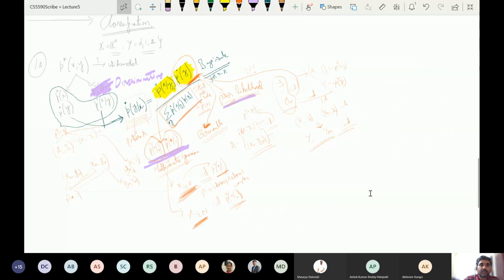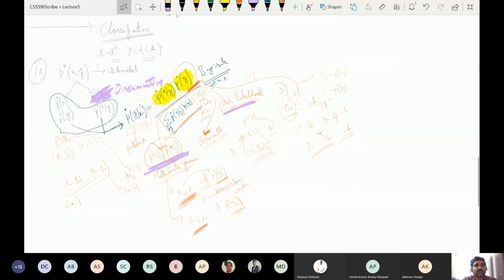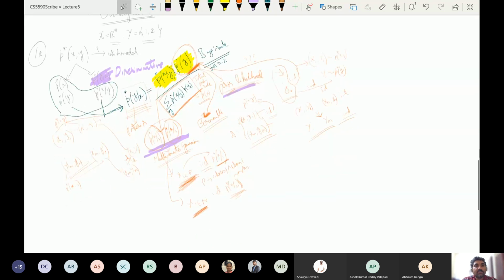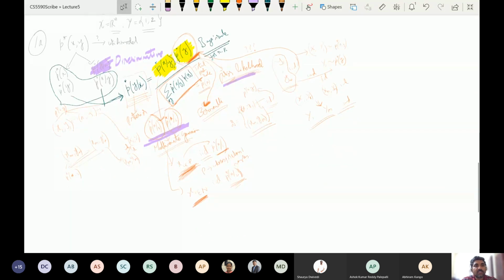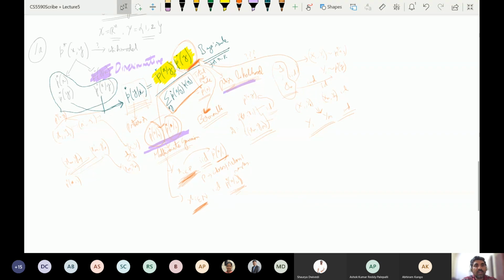Yes, sir. Okay, so I was just trying to revise what we did till now in classification. I was saying that there's no way to model the joint distribution directly, because the joint distribution will take values which are real numbers and discrete numbers simultaneously. So the way out was an indirect way of modeling the joint. We modeled the joint using three distributions.